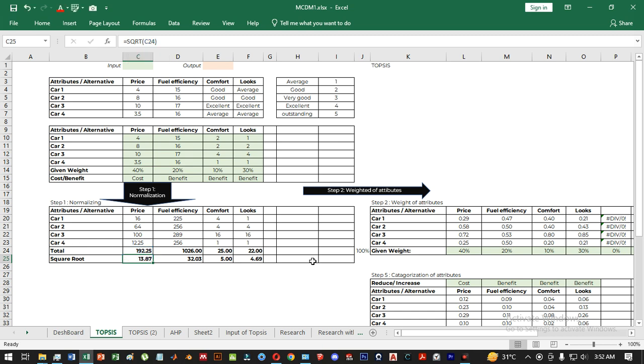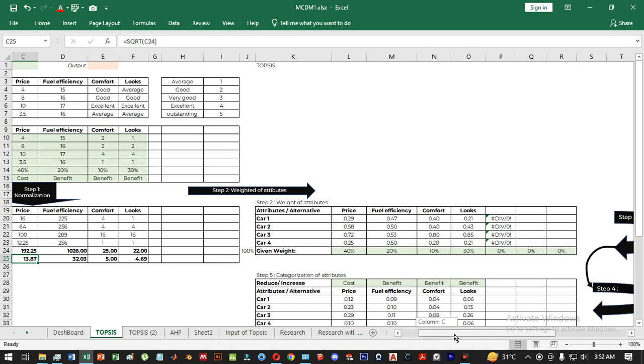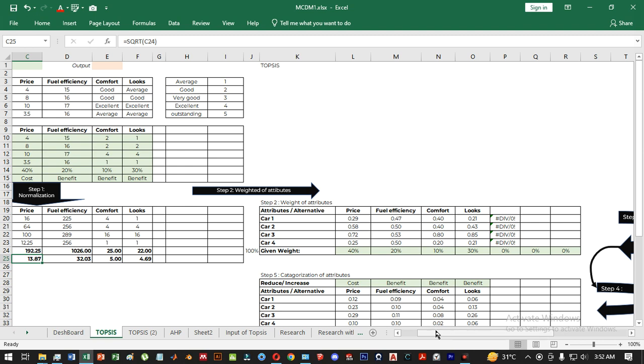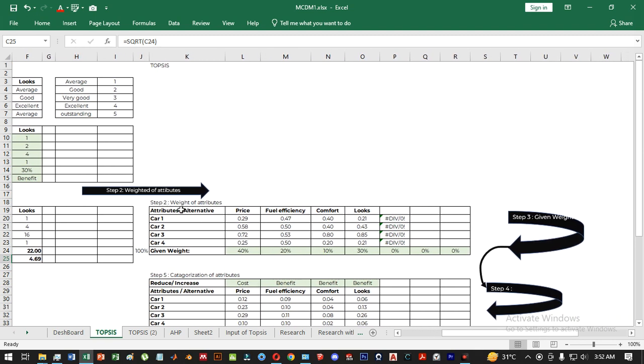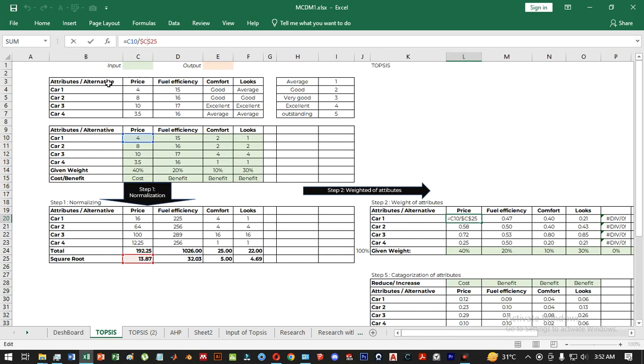After that comes the weight of the attributes, and this is the second step. Here we divide every single number by these square root numbers. Suppose you have the price, we divide it by the square root value of the price column, and so on.